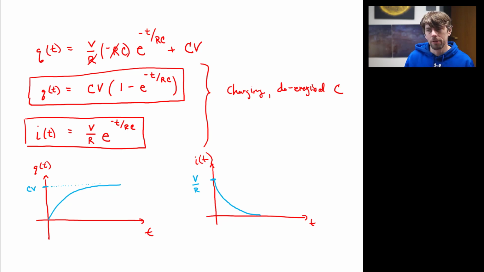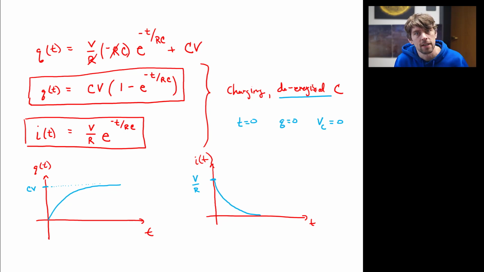And yes, there's a couple of extra little notes that I need to put in here. Number one, notice that when you have a de-energized capacitor, for a brief moment at time equals 0, it's as if the capacitor weren't even in the circuit, right? The charge on the capacitor is 0, which means the potential drop across the capacitor is equal to 0. So for a brief instant in time, the capacitor acts like a perfect wire.